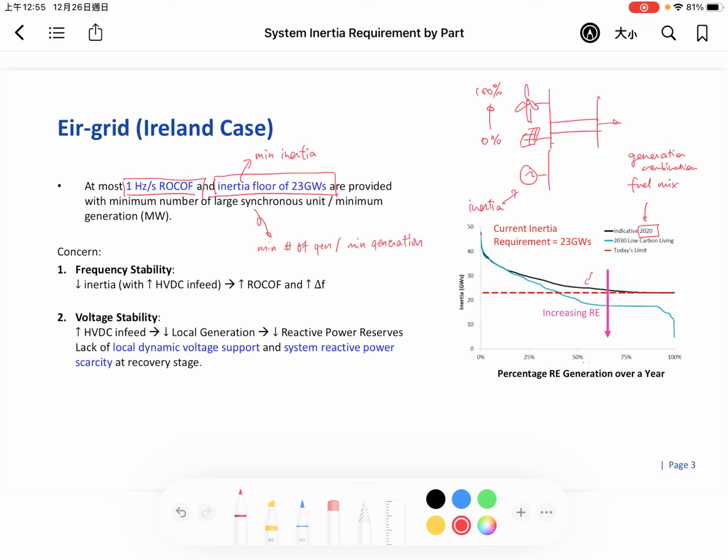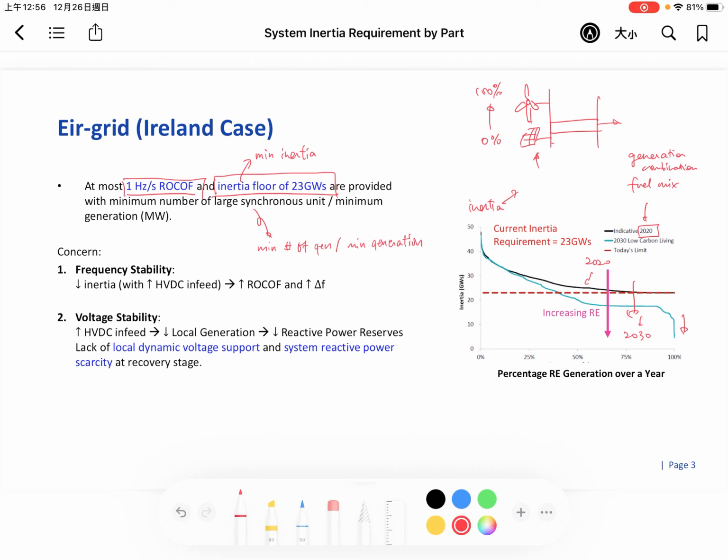This is the result of 2020, and this is the result of 2030. It means that there is increasingly many RE on grid, such that if we try to decommission the thermal power plants and are left with only wind power and PV, then there will be a decreasing trend in the inertia.